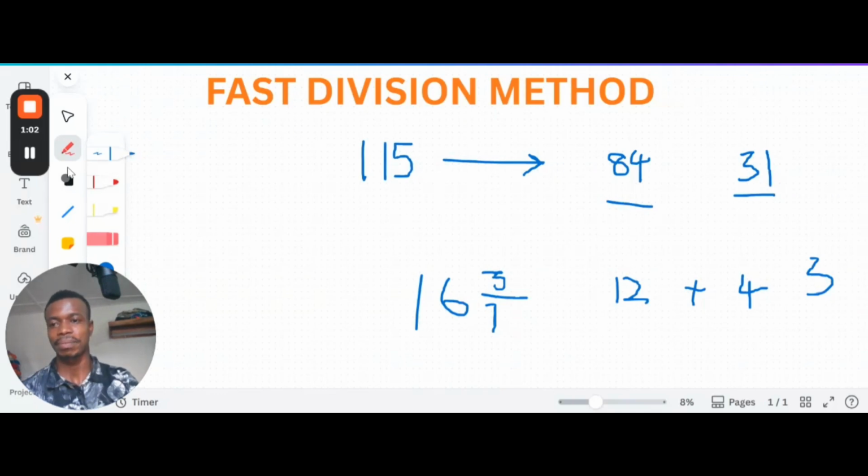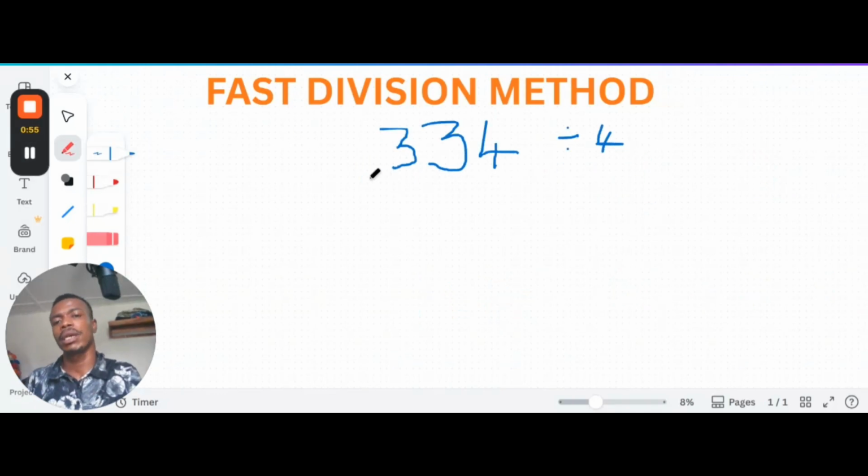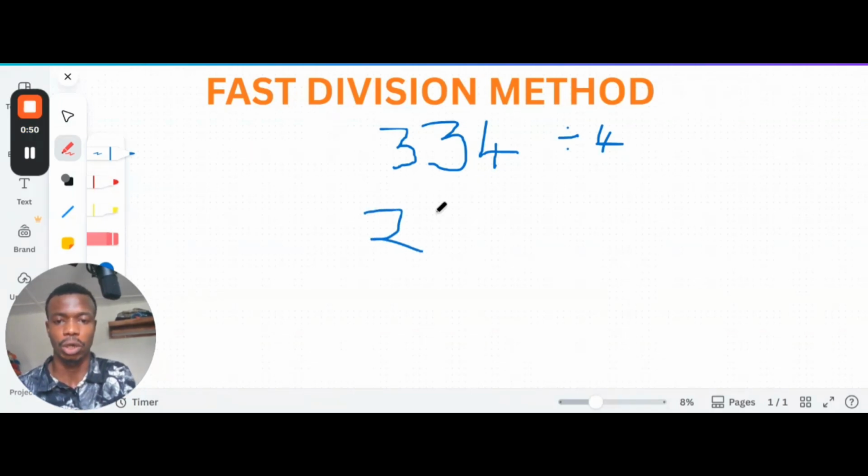All right. If we now have 334 divided by 4, we can break this down. Let's anchor it with other things we can divide by 4. We know that 200 can be divided by 4. 20 divided by 4 is 5, so 200 divided by 4 has to be 50.